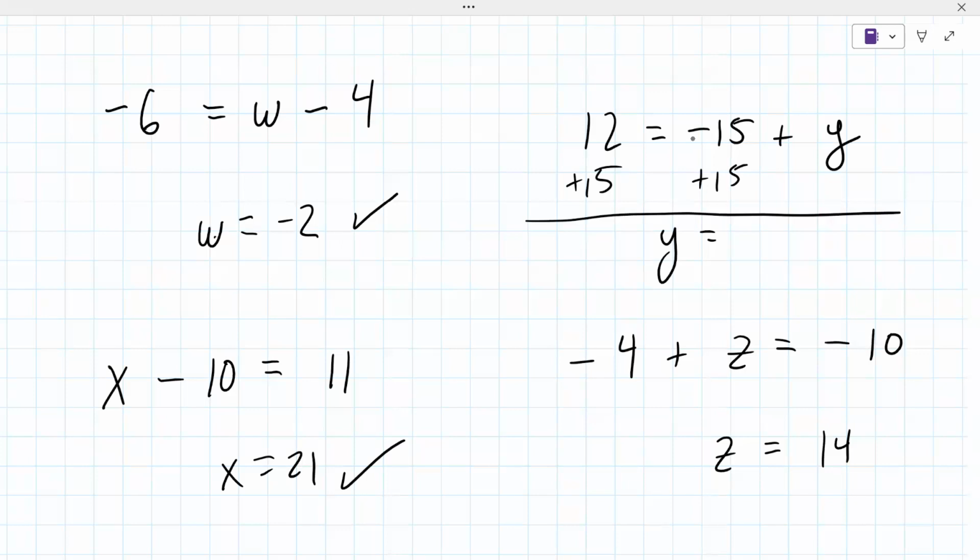I got for Y was 27. Yes, Y equals 27. Very good.